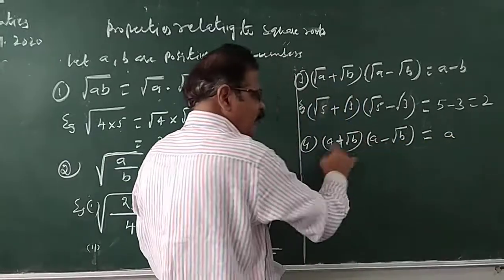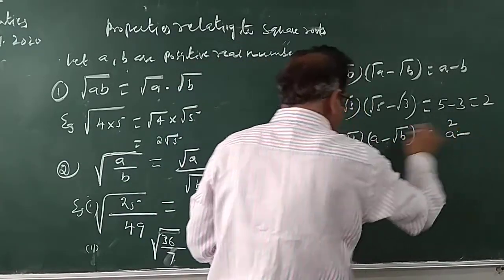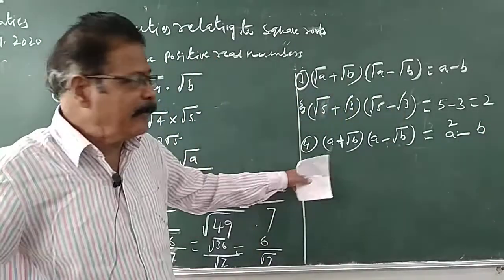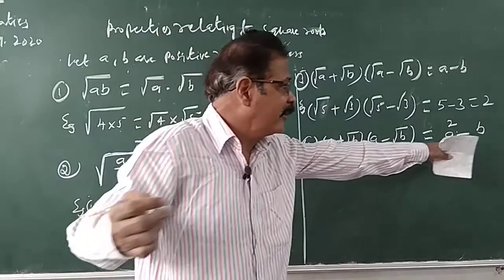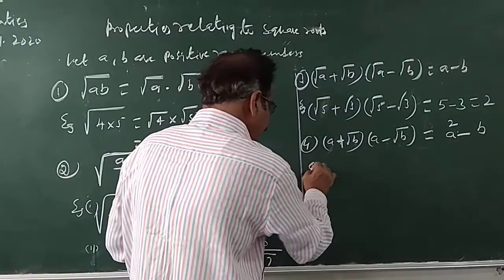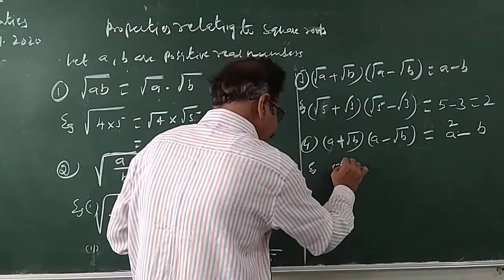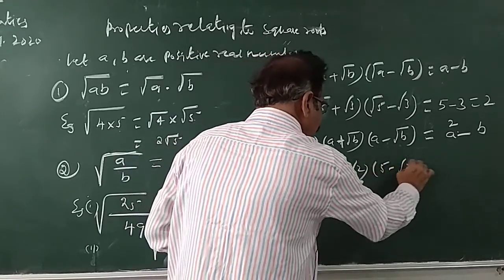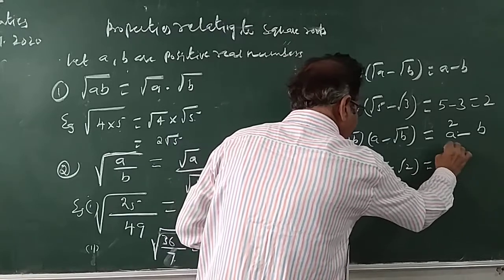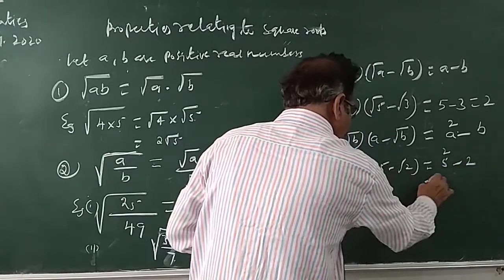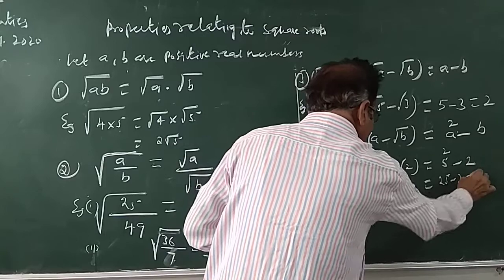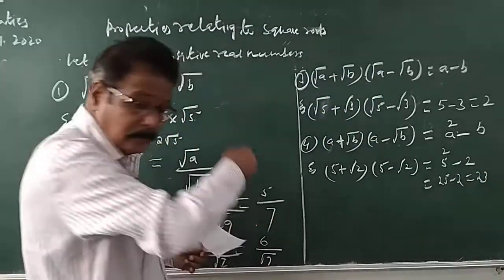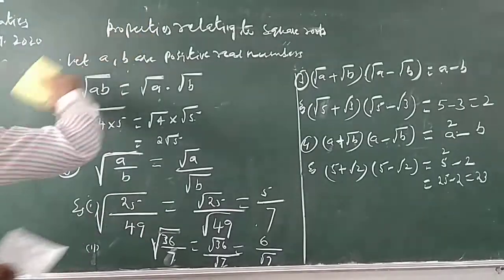So A plus root B into A minus root B is A square minus B. Example: 5 plus root 2 into 5 minus root 2 equals 5 square minus 2, which is 25 minus 2, that equals 23.